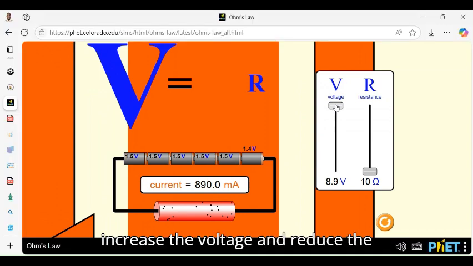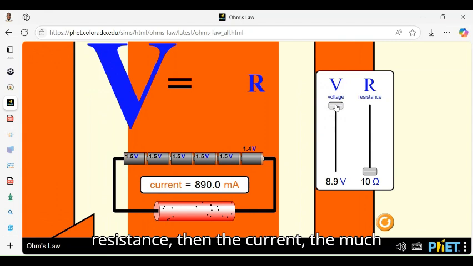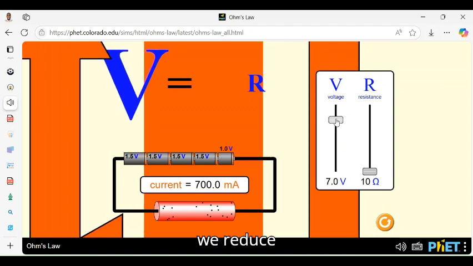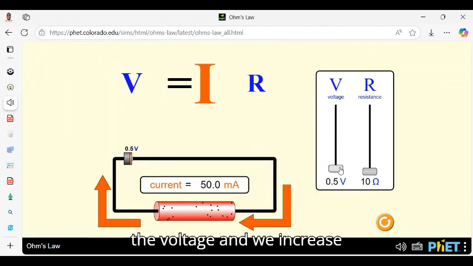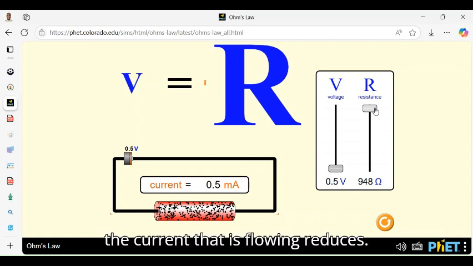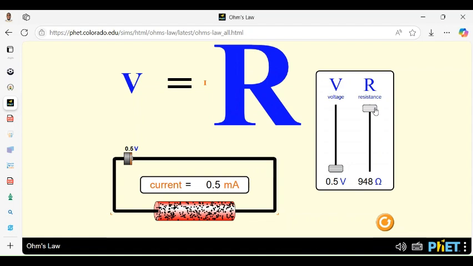Increase the voltage and reduce the resistance, then much current flows. Then what happens when we reduce the voltage and we increase the resistance? You see the reverse, the current that is flowing reduces.